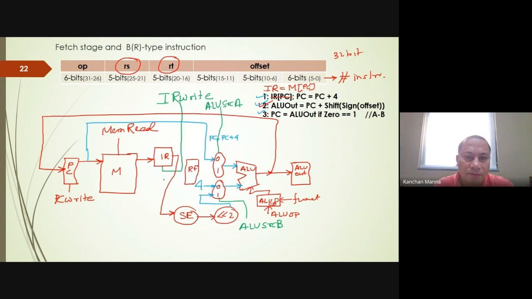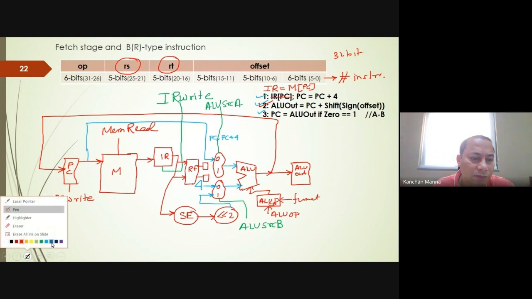RS value would come via this address, and RT would come via this. We have a very minimum amount of space, so we'll have the A register right here. That value would be stored in the A register, and the other value would be stored in the B register. This is A, and this is B.